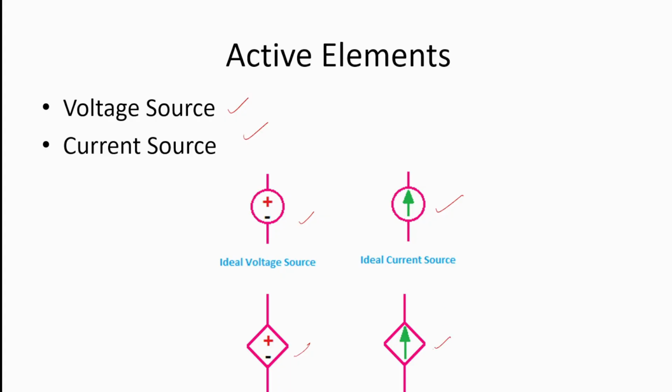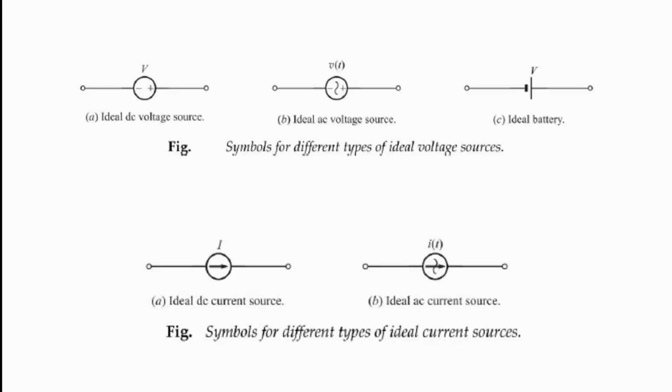These are the representations of active elements, in the ideal case as well as the controlled case. Now, this is the ideal DC voltage source representation, the ideal AC voltage source representation, and the ideal battery. This is the ideal DC current source and the ideal AC current source. So these are the different symbols which we can use while representing a circuit.